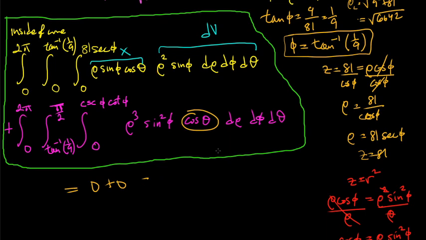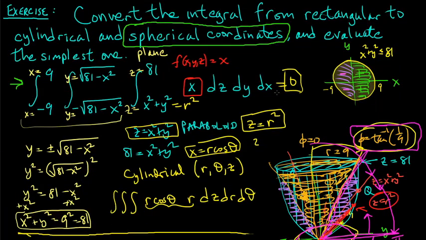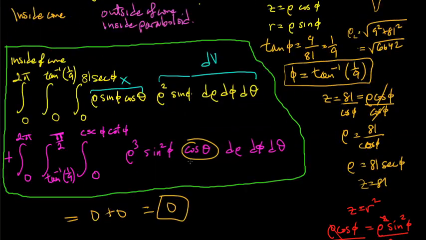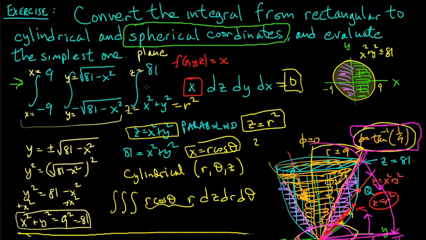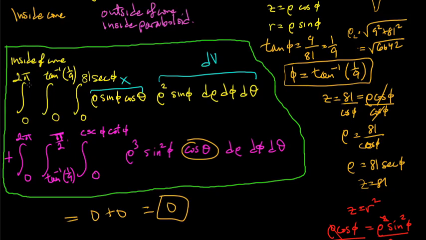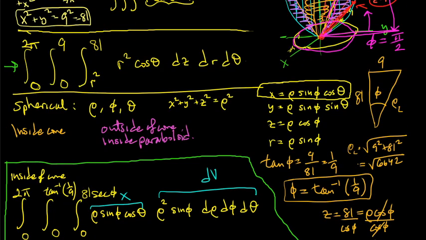So there you have it. I'll leave that as 0 here. That is the answer when you evaluate these. Out of the 3 ways to evaluate it, spherical is probably the worst. I wouldn't even try to attempt it. Rectangular is not that easy either, but it's only a single integral. It's a triple integral, but it's only one.